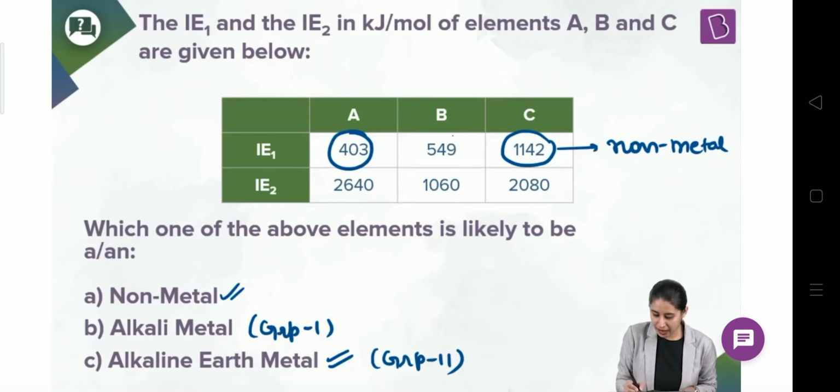But let me check whether I'm right or wrong, because I know that for ns1, if one electron is removed, we get ns0 as the valence shell electronic configuration, and removal of an electron further from the inner shells is going to be very, very difficult. So the IE2 for the alkali should be very high.